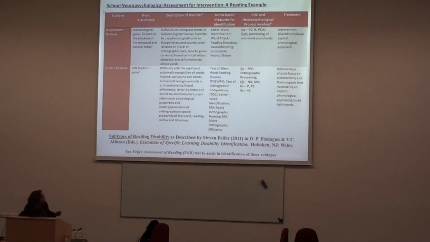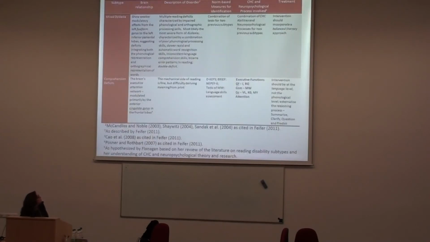And so these next two slides show the different subtypes of reading disability, the brain relationships, a much better description of the disorder, some measures that can be used to help identify whether or not that subtype exists, what the CHC and neuropsych processes involved in those subtypes are, and that the treatment changes based on what subtype you're talking about.